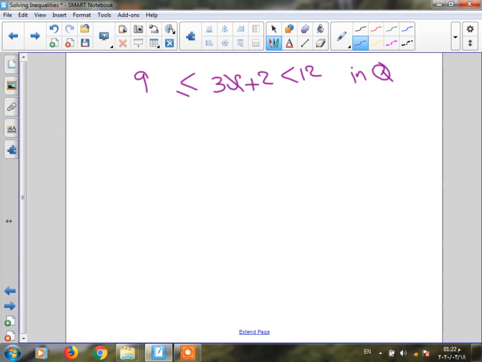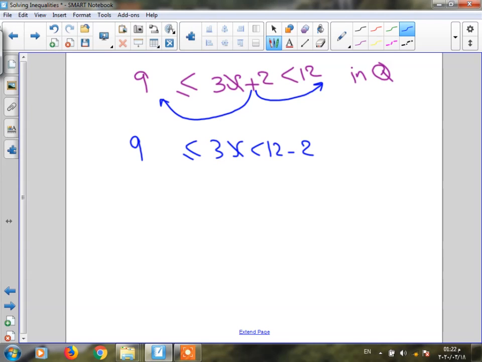The last one: if I have 3x plus 2 in the middle between 9 and 12. I will take 2 to the other two sides, here and here, by the opposite sign. 3x, 12 minus 2 and 9 minus 2. 12 minus 2 equals 10 and 9 minus 2 equals 7.